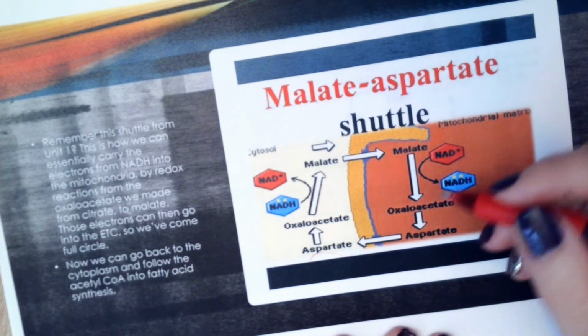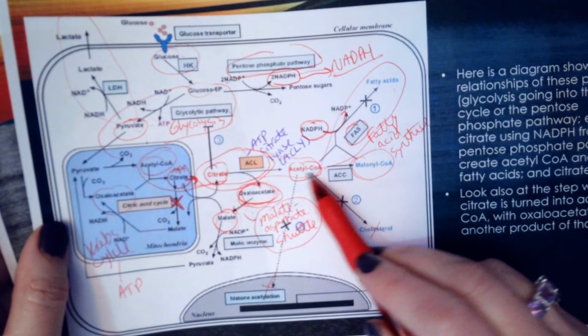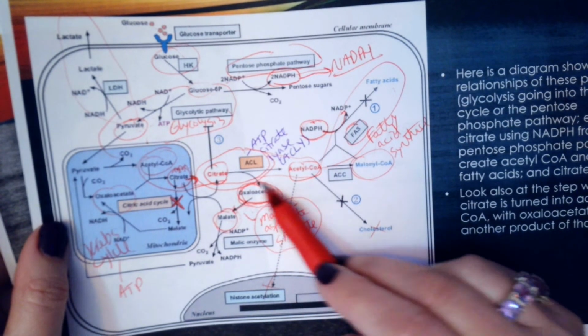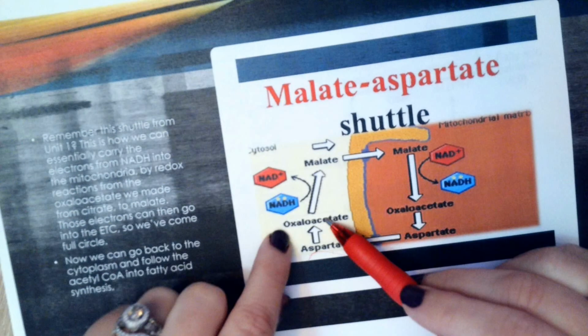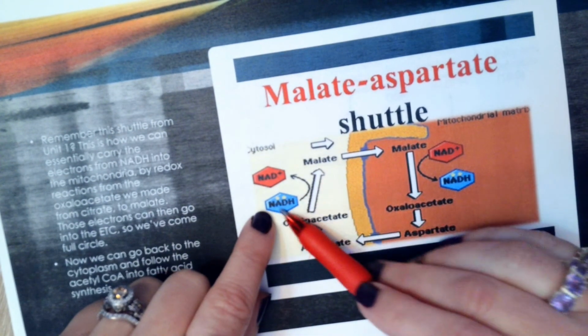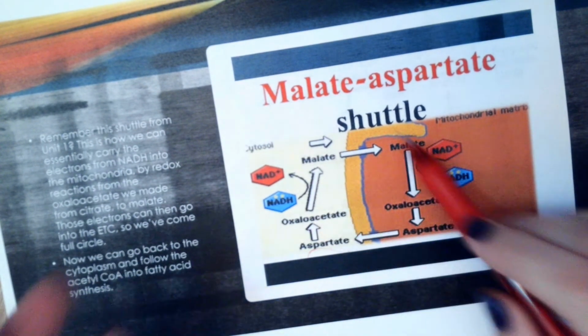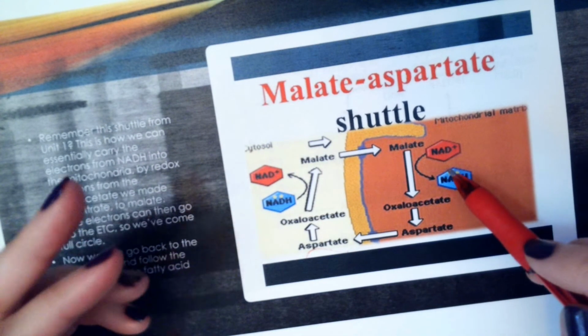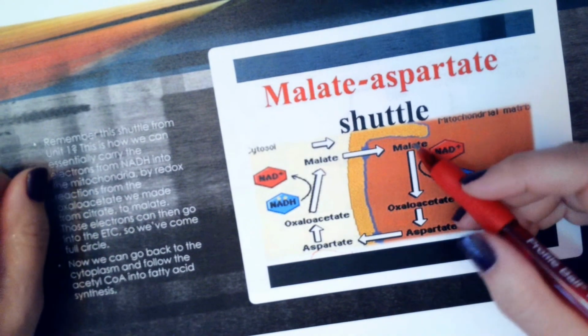Well, when we took our citrate and turned it back into acetyl-CoA, we get our oxaloacetate there. So we're out in the cytoplasm here. We convert it into malate using any NADH present. We're essentially taking the hydrogen off of the NADH. Remember, we want that hydrogen to go into the electron transport chain in the mitochondria so we can make energy again, because we're running low on energy now.